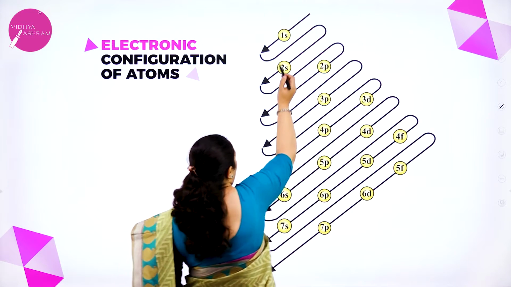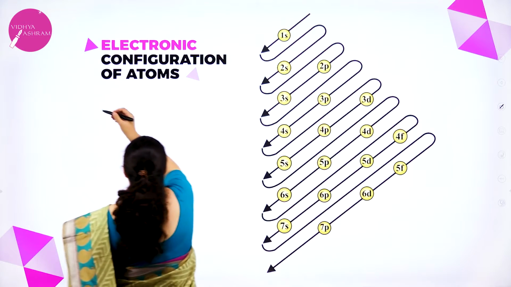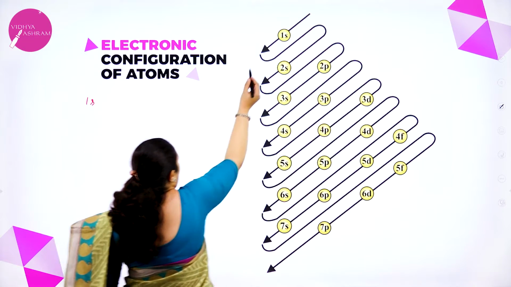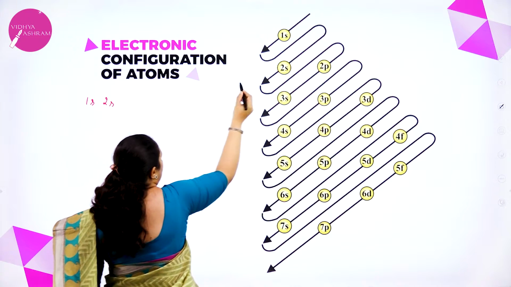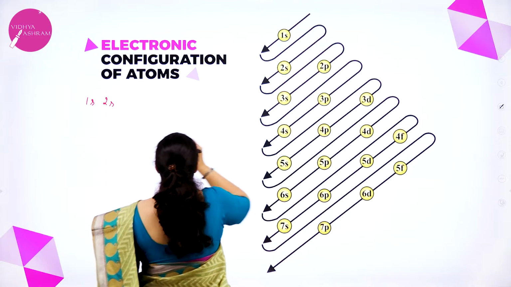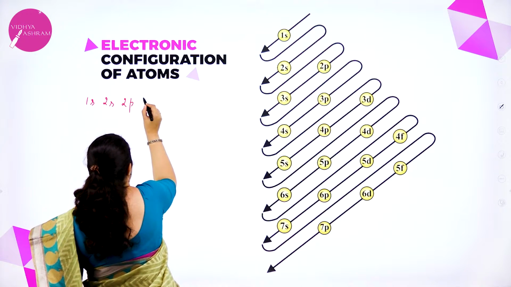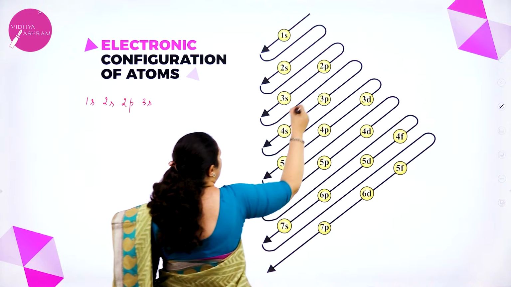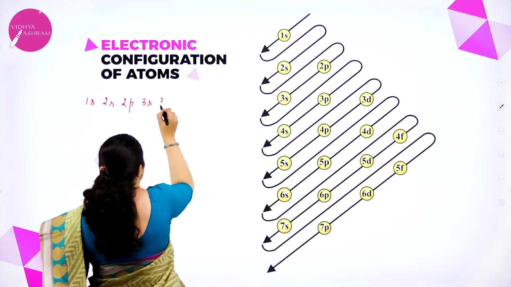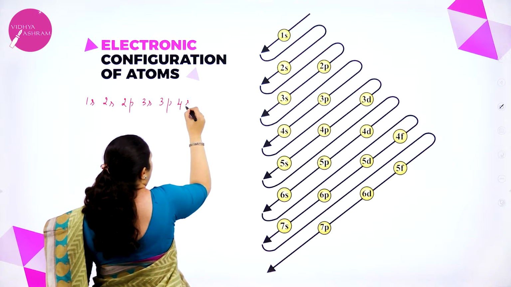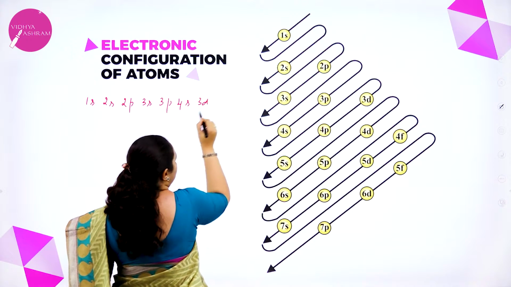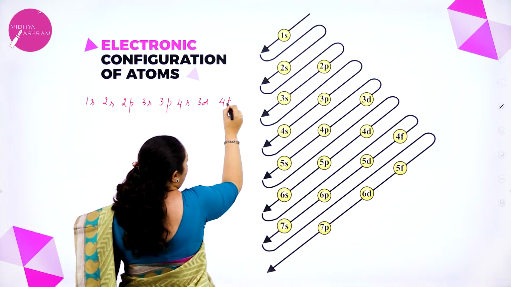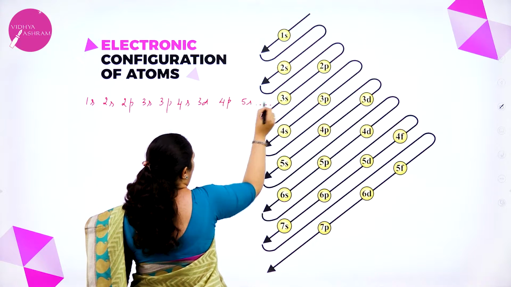So we start from 1. First I have 1s orbital, then comes 2s, then we have 2p, after that 3s, correct? After 3s we have 3p and 4s. After 4s I have 3d and then 4p and 5s and so on.